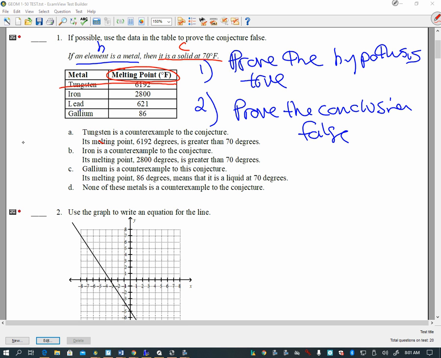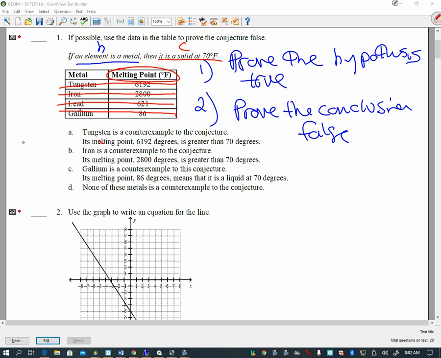Yeah, because it doesn't become a liquid till 2,800 degrees. Okay. Is lead a solid? Okay. All right. Is gallium a solid? Okay. So what do we find out? None of them are counterexamples. All of those are solids at 70 degrees Fahrenheit.